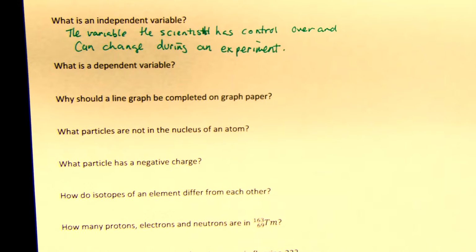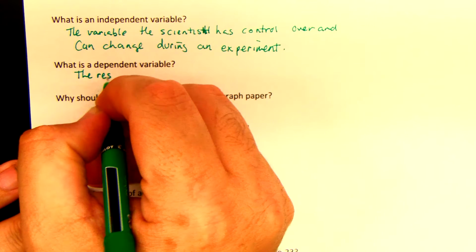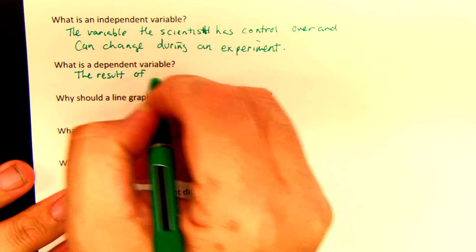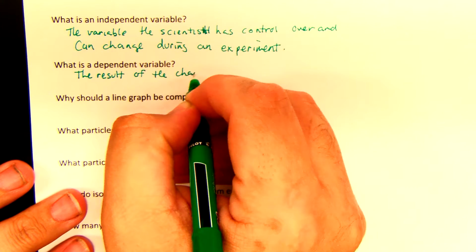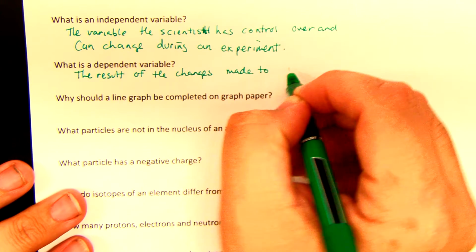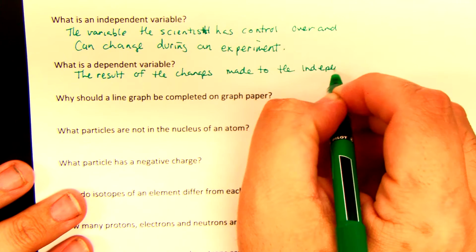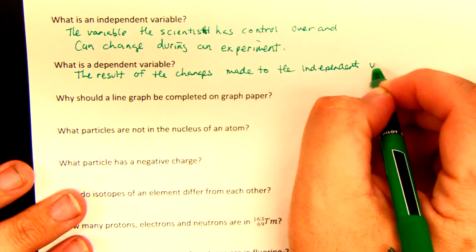And then the dependent variable is the result of the changes made to the independent variable.